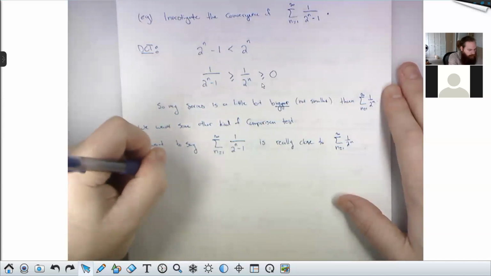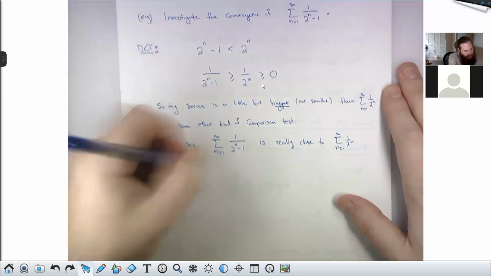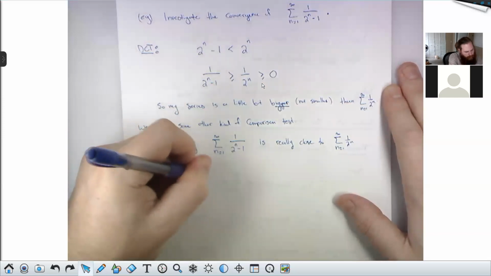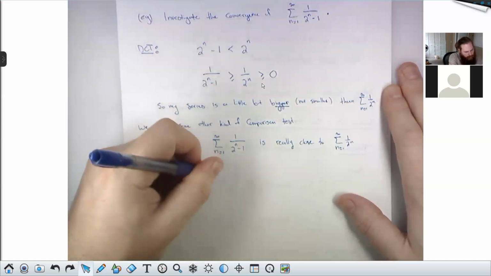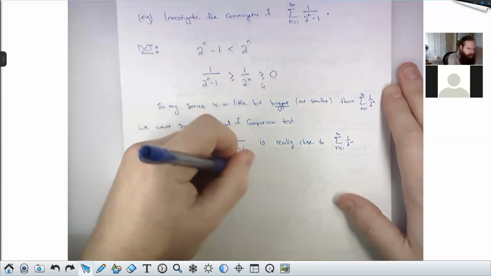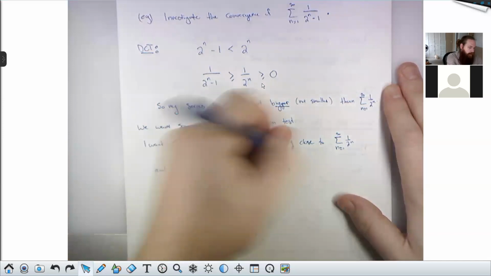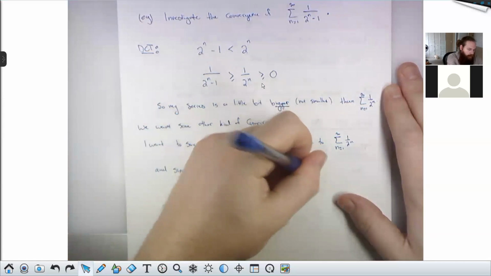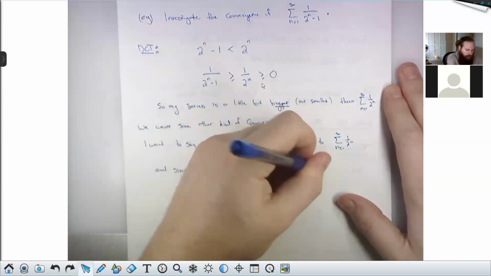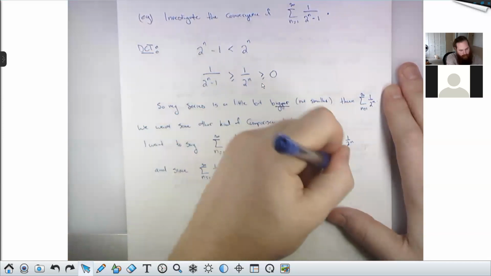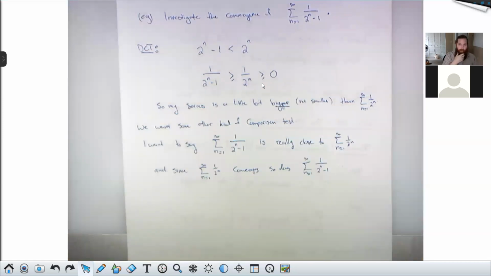And since sigma 1 over 2 to the n converges, so does sigma 1 over 2 to the n minus 1. That's what I want to say.